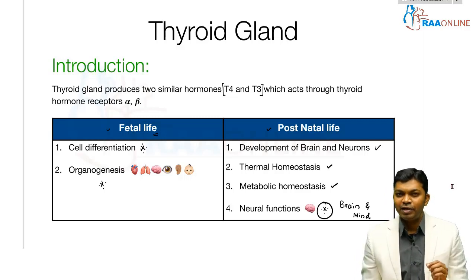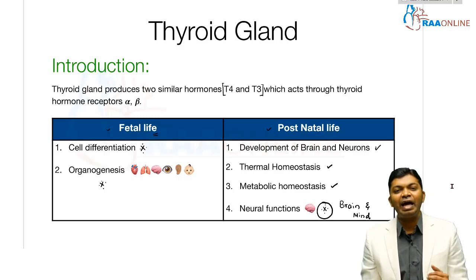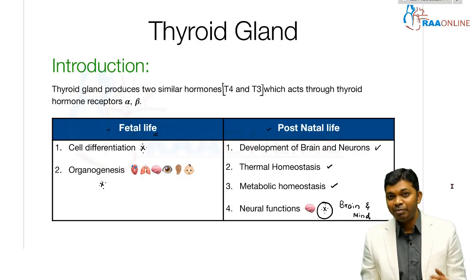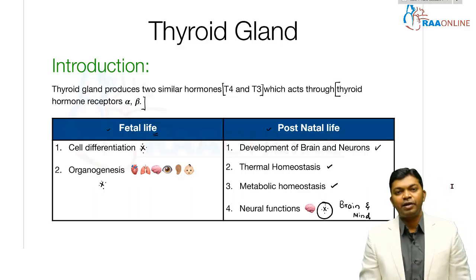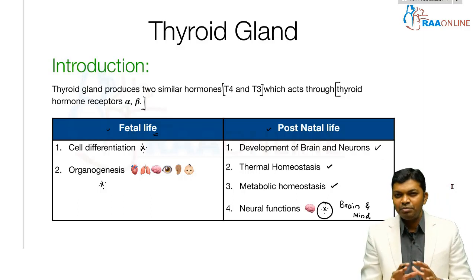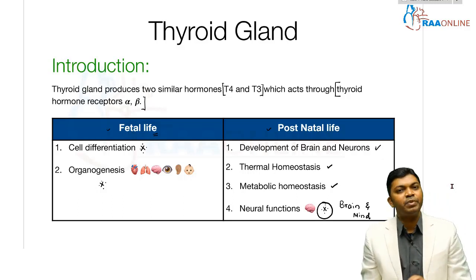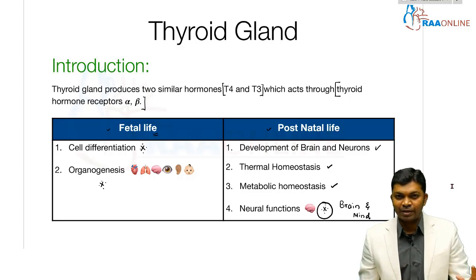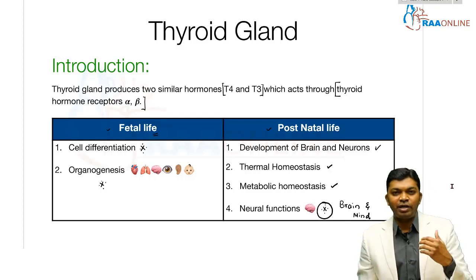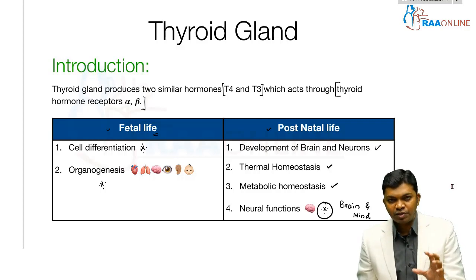It's going to be the thyroid receptor, which has two varieties, thyroid receptor alpha and thyroid receptor beta. So the effects of thyroid hormones are mediated by thyroid hormone receptor alpha and thyroid hormone receptor beta, doctors. That's the basics of thyroid gland. When I say basics, these are all points that you can't afford to forget. So when it comes to writing a thyroid hormone essay or short note, you should begin with this introduction.